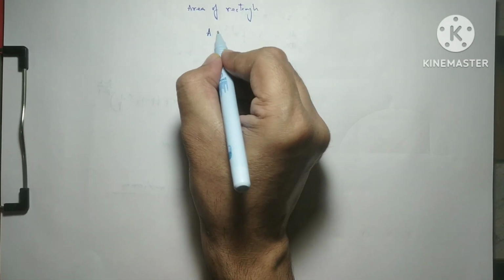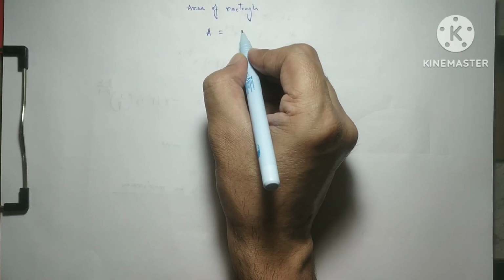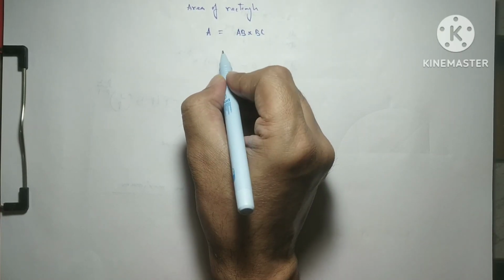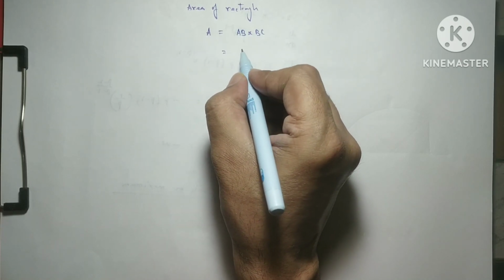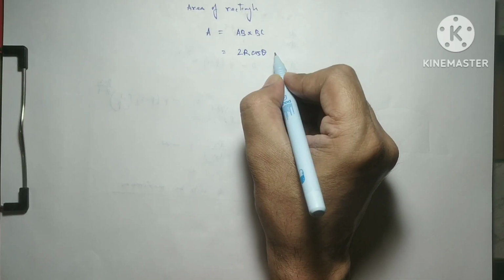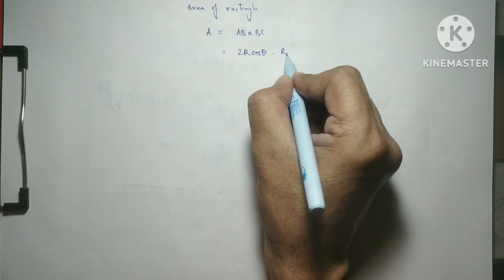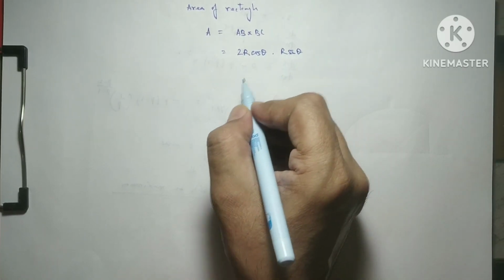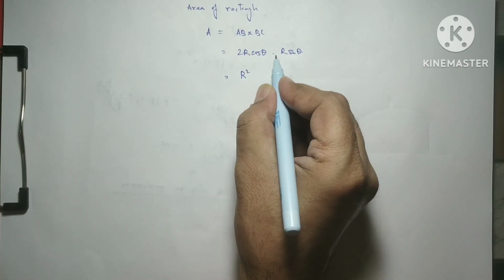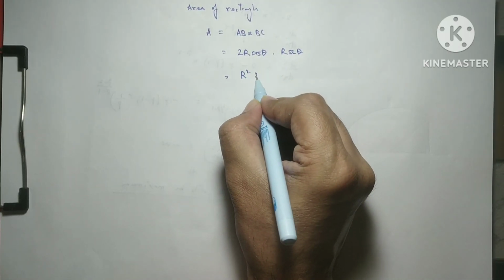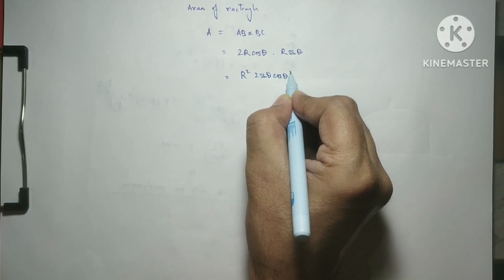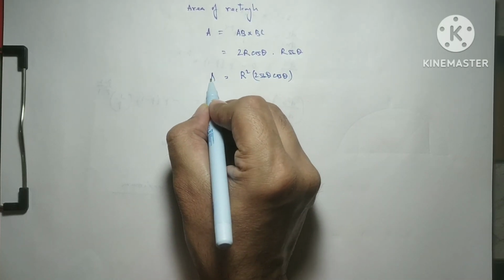So the area of the rectangle, that is A, is AB into BC. So AB is 2r cos theta, and BC is r sin theta. On simplification, this is r square into 2 sin theta cos theta, and this is the trigonometrical formula of sin 2 theta.